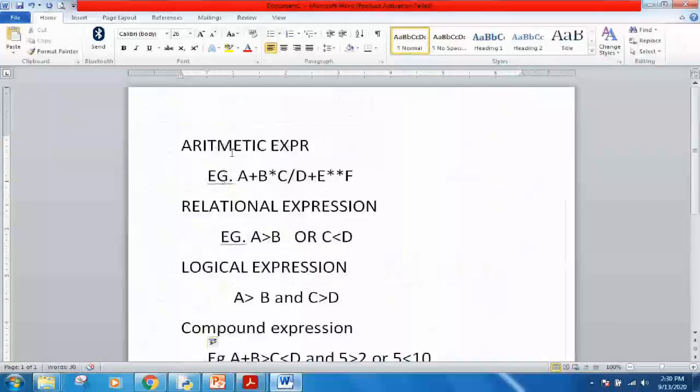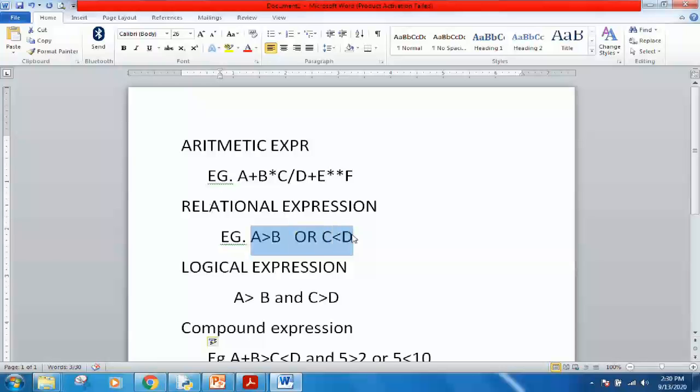I am explaining to you that this is an arithmetic expression, because it consists of arithmetic operators and operands. This is a relational expression because it contains only the relational operators and only the operands. It results into either true or false.